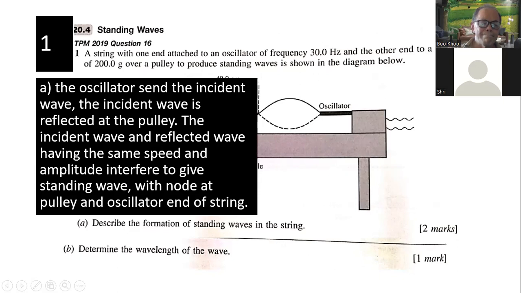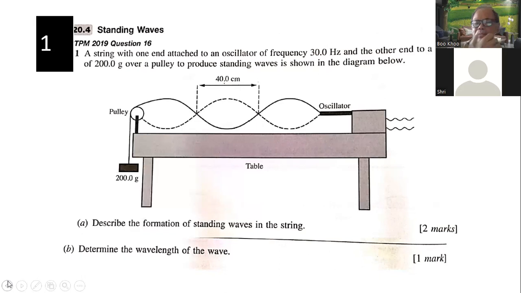Okay. Determine the wavelength. How to determine the wavelength? Just look at one side. From 0 to 0. From 0, there's a maximum, and then to 0, what is it?